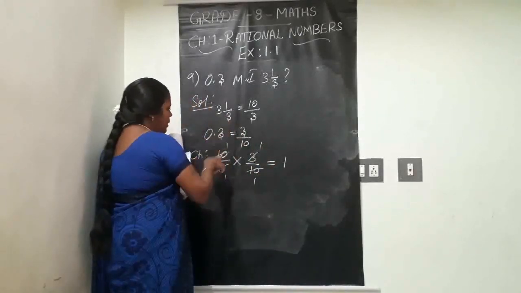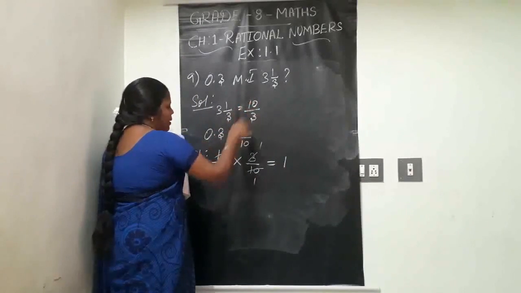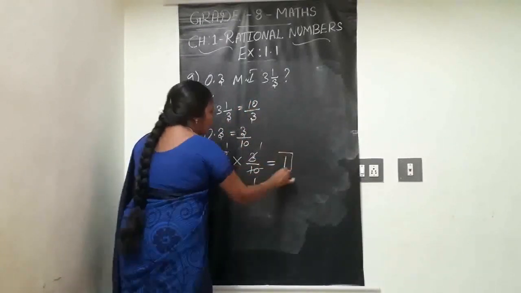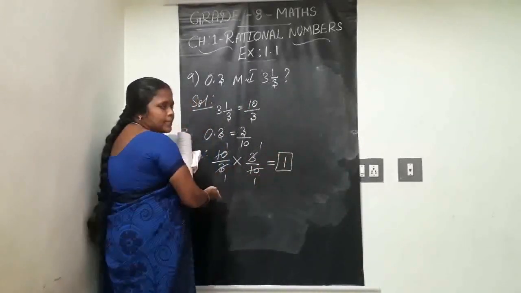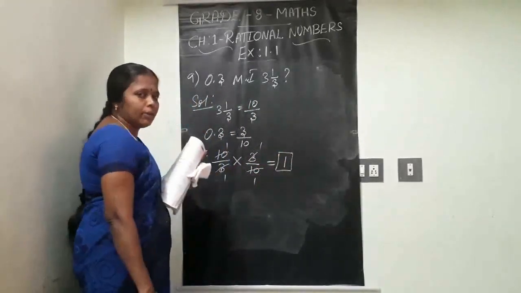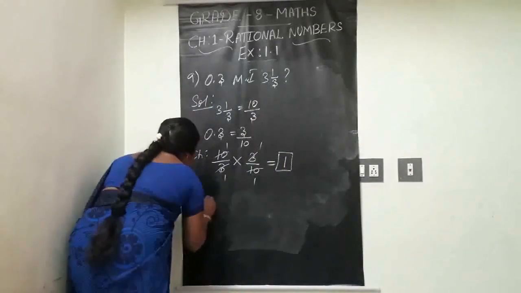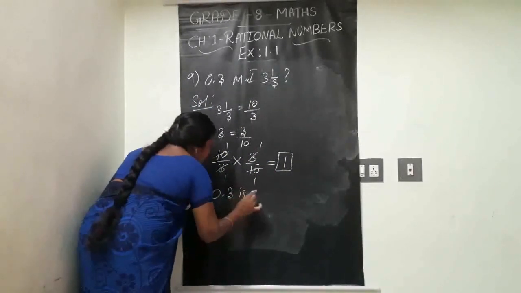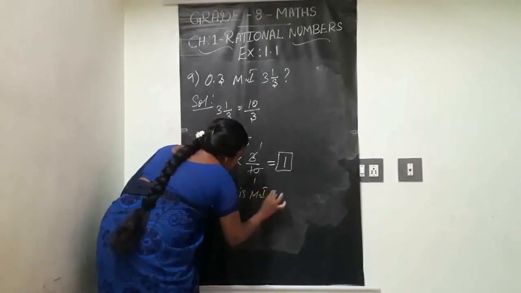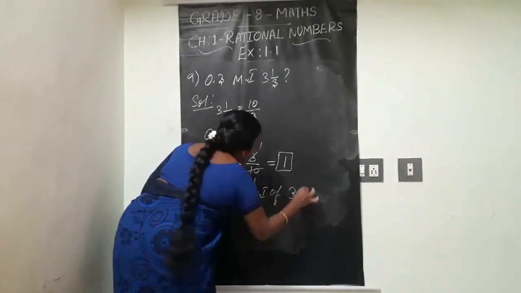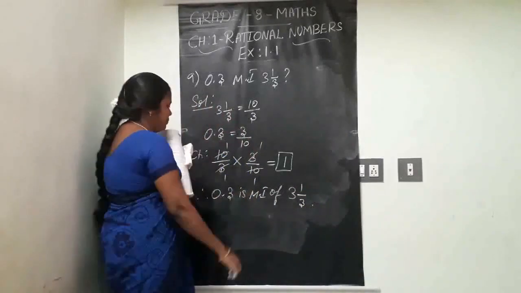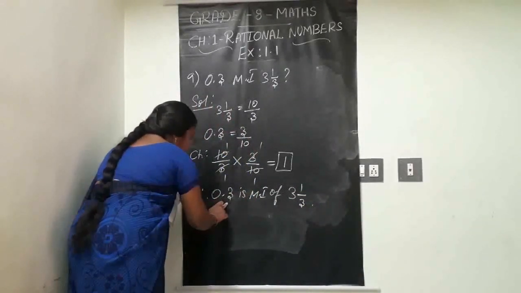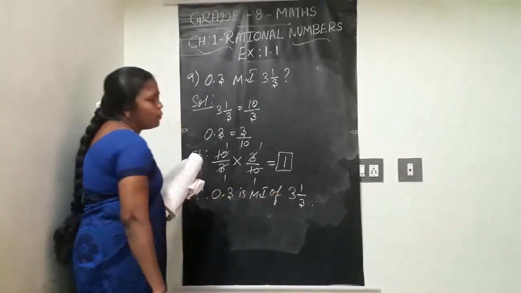So if you multiply 10 by 3 by 3 by 10, our product is 1. So it satisfies the condition of multiplicative inverse. So we can say, yes, 0.3 is the multiplicative inverse of 3, 1 by 3.